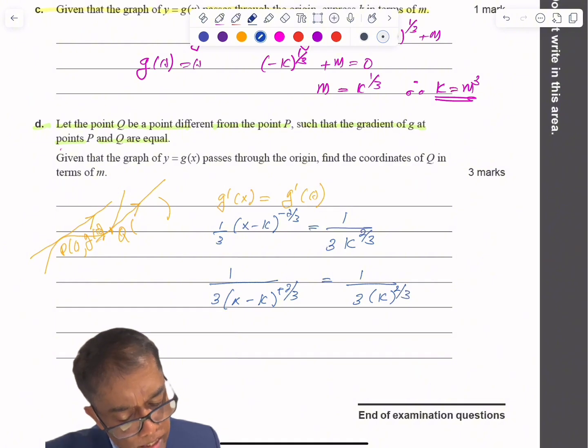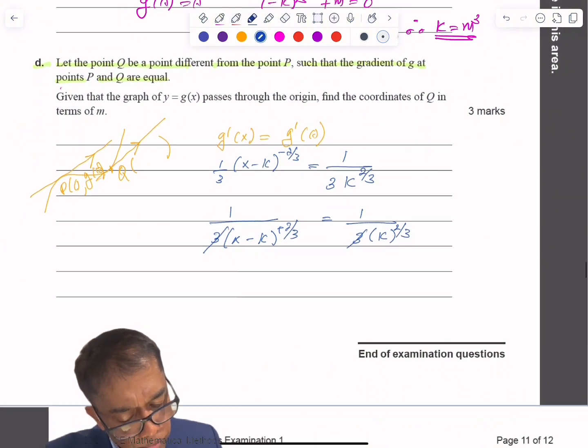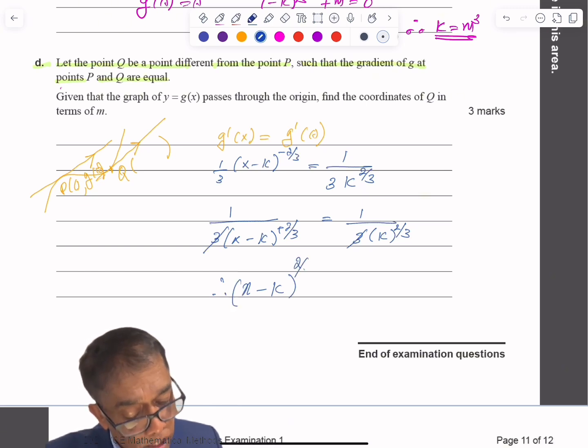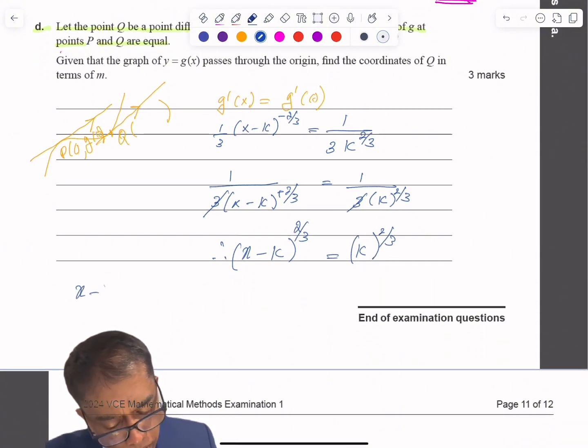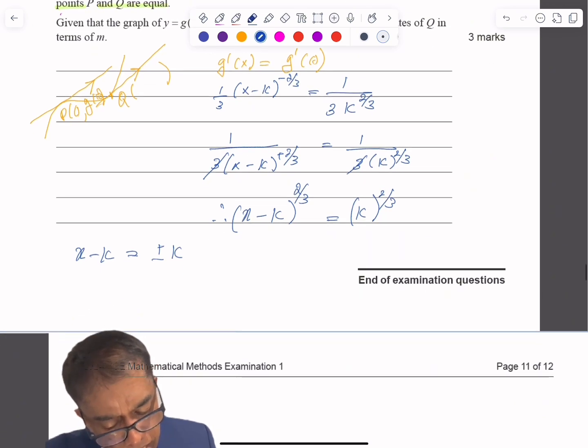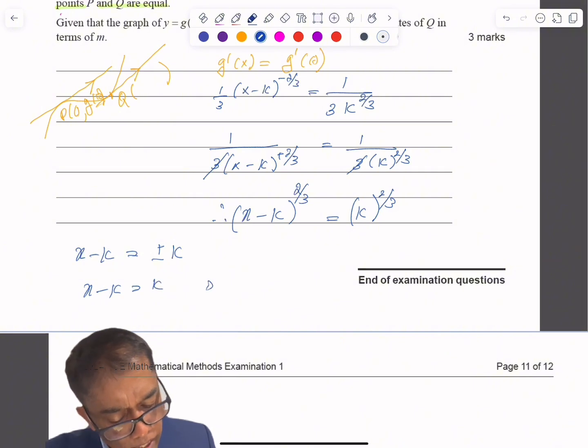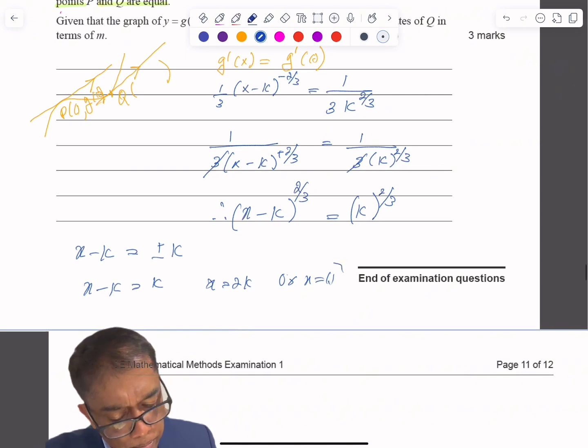This can be cancelled. Therefore, x minus k to the power of 2 over 3 is equal to k to the power of 2 over 3, so x minus k is equal to plus or minus k. If we consider x minus k is equal to plus k, x is equal to 2k, or x is equal to 0. We know that x is equal to 0 is the P point.